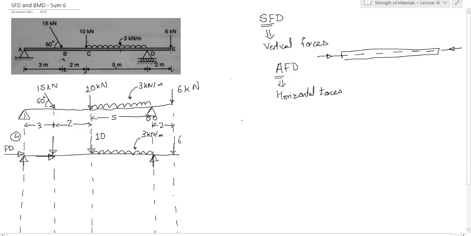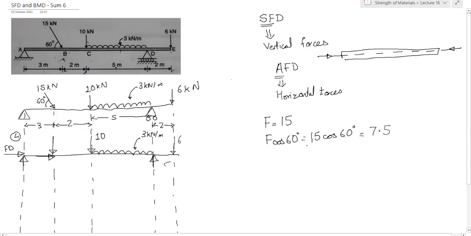Now we can calculate the values of all these. First of all, we will find the X and Y components of this 15 kilonewton force. If the force is 15, then F cos 60 will be 15 cos 60, and 15 cos 60 comes out to 7.5.